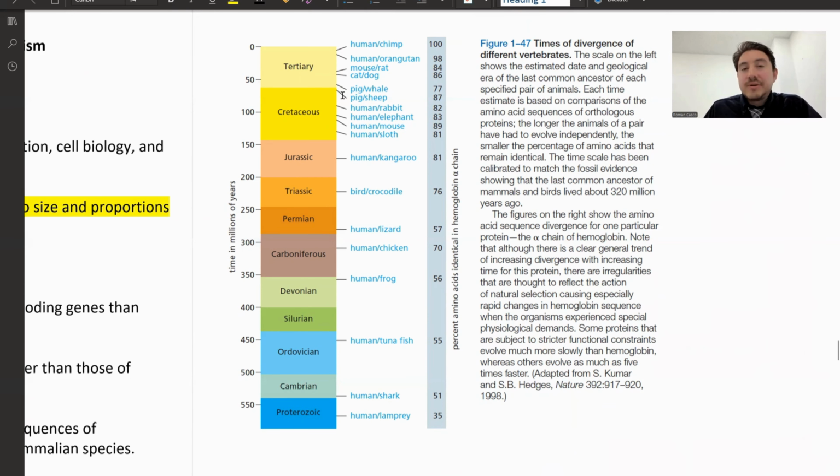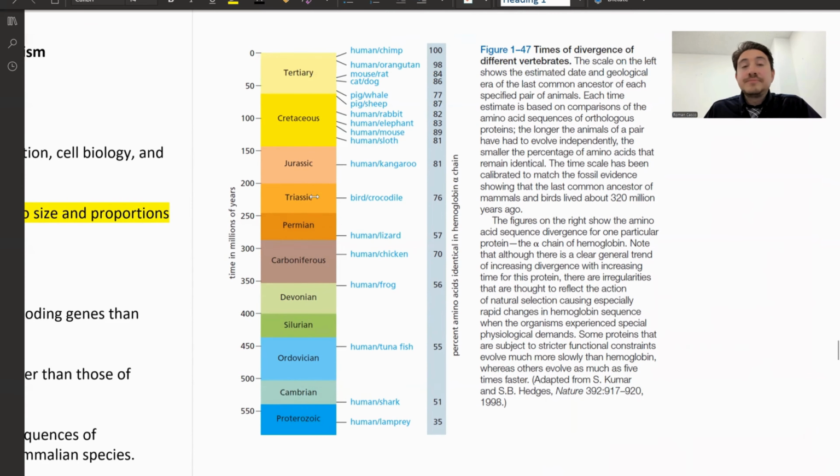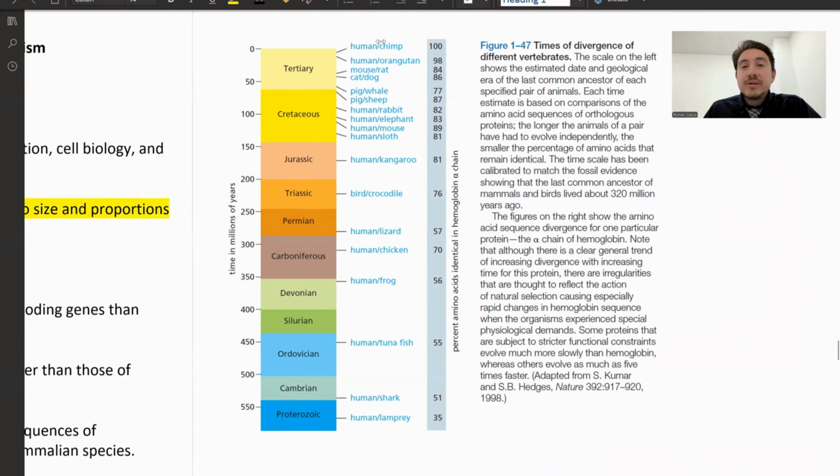When you compare, for example, the human and the chimp, they have evolutionary divergence, and on this timeline here, millions of years, human and chimp have almost 100% amino acids identical. Human and orangutan, 98%.